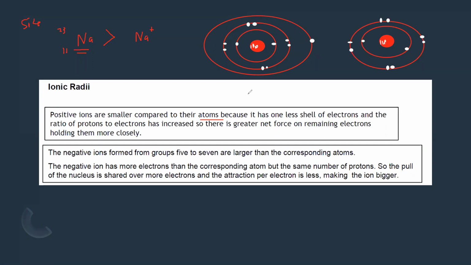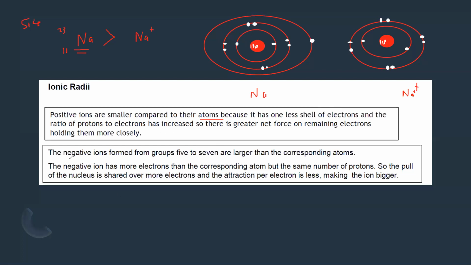So as you can see, when you compare the sodium atom with the sodium ion, there are fewer electron shells in the positive ion as compared to the sodium atom. That's why you will observe that the size of the positive ion is smaller as compared to that of the atom.